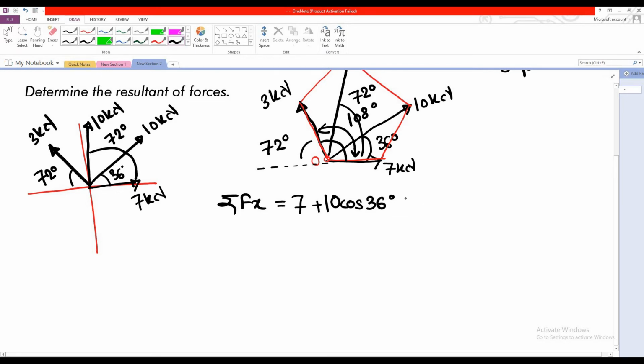Why this cosine component? Because this 10 kilonewton is making an angle of 36 degrees with the x-axis. That's why the component parallel to the x-axis of 10 kilonewton should be the cosine component. Then again plus 10 cos 72 degrees, then minus 3 cos 72 degrees.